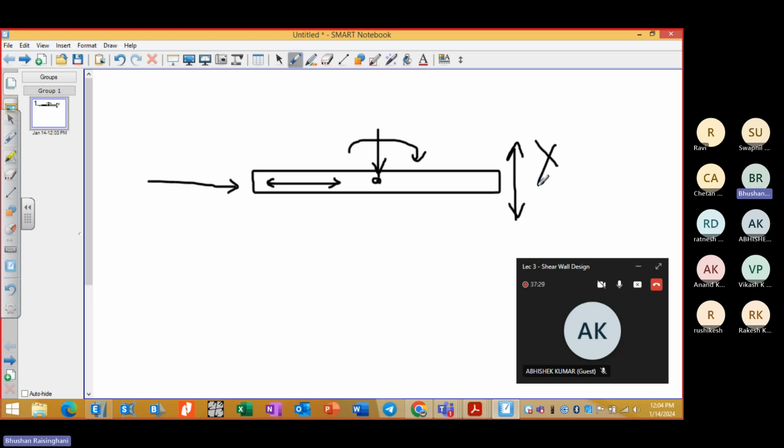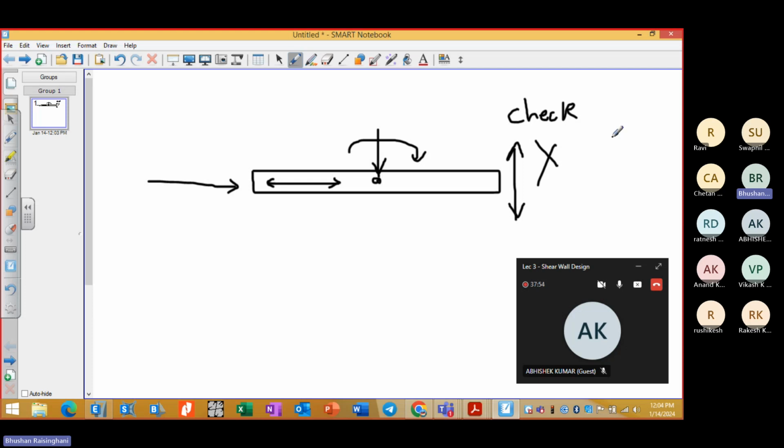So the shear wall is not made for resisting out of plane, but if out of plane forces are getting generated in the shear wall, that is what you need to check. It may fail out of plane if out of plane forces are generated. So you have to make sure that those forces, if they are getting generated, are also taken care of.